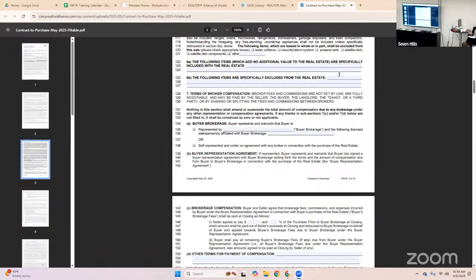No, not necessarily, because what it says here is, nothing in this section shall amend or supersede the total amount of compensation due the brokerage under any other representation or compensation agreements. If any blanks are not filled in, that would be zero.